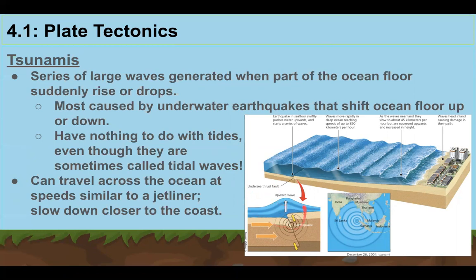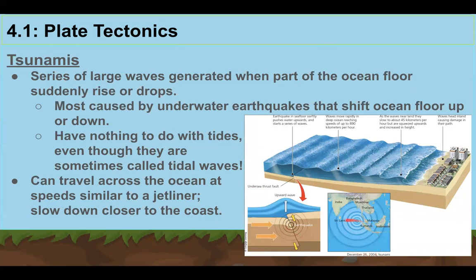And even though they're called tidal waves, I want you to make sure you know it has nothing to do with tides. But these things can move very, very fast. And as they get closer to the coast, they'll slow down as a result of ecosystems there absorbing some of the energy as well as the continental shelf, but they still will bring lots of energy and water to coastal areas.